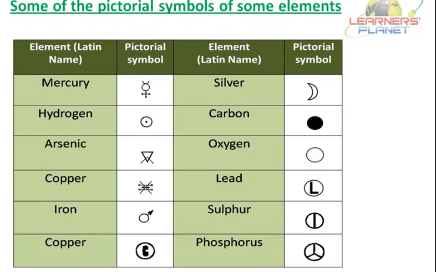See this table. Mercury is represented by this symbol, right? Hydrogen is represented by this symbol. Arsenic is represented by this symbol. Copper is represented by this symbol.